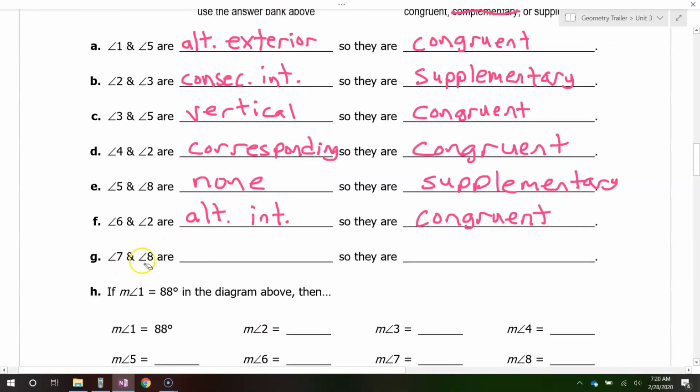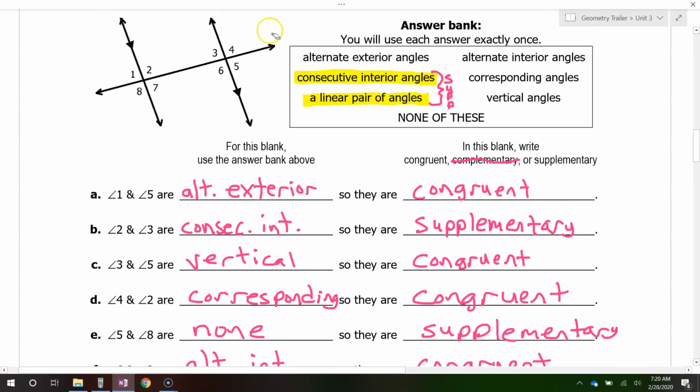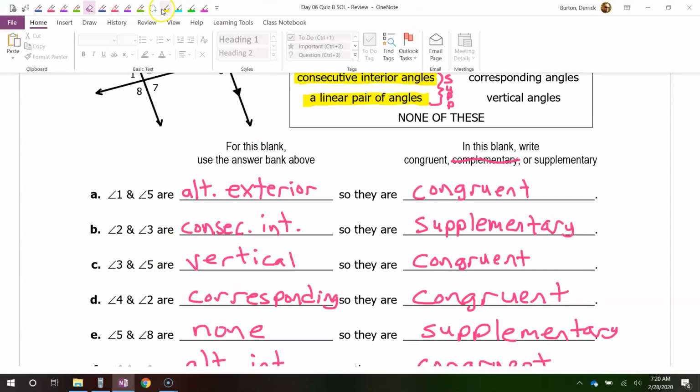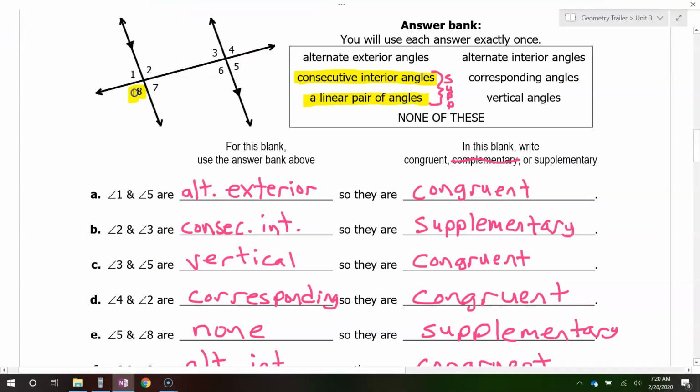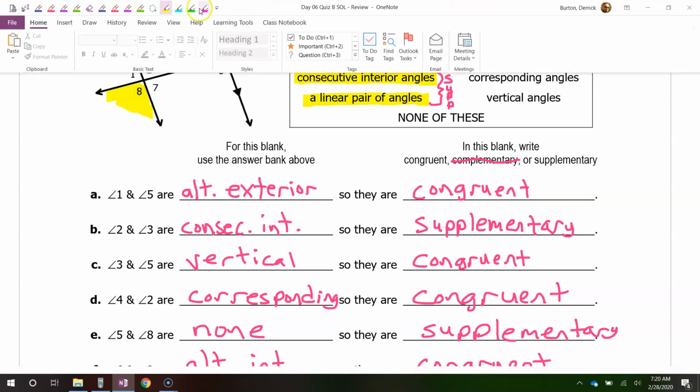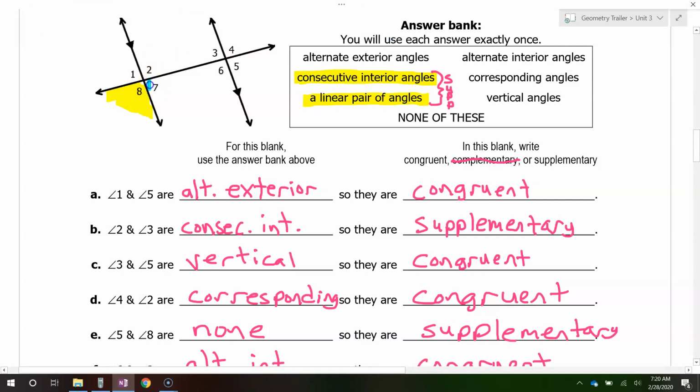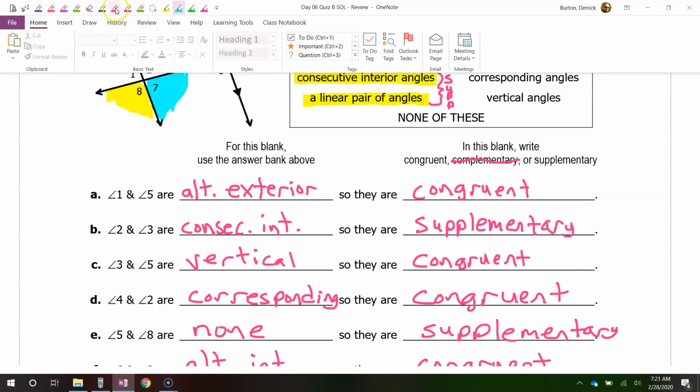All right, what about angle 7 and 8? Oh, look at this. Angle 7 and 8 are a linear pair because they are side by side and they form a straight line. So that's a linear pair. And of course, they are supplementary.